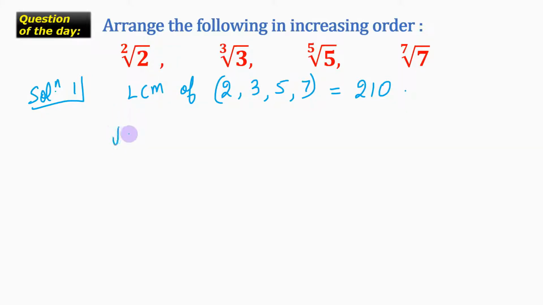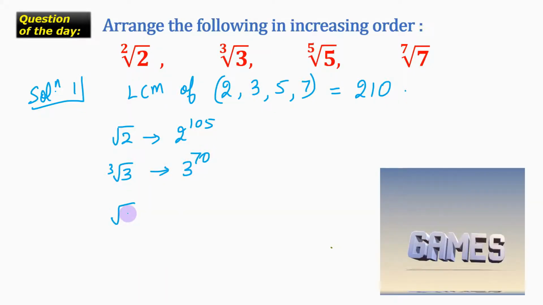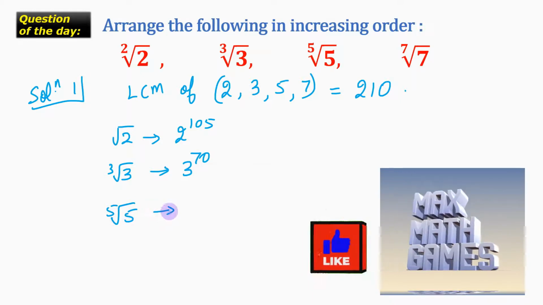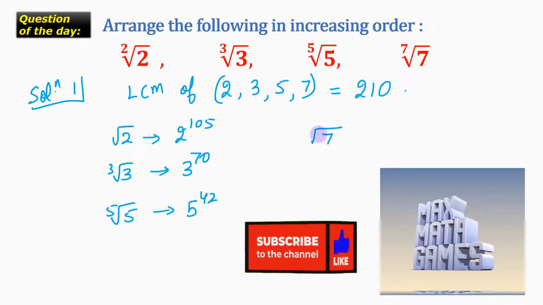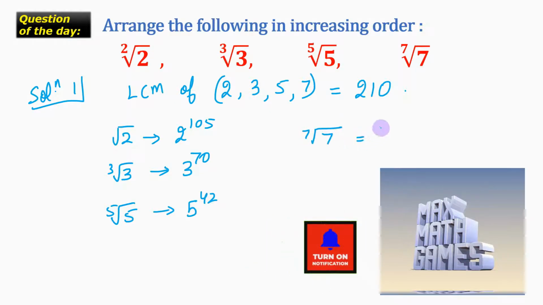So square root of 2 becomes 2 to the power 105. Cube root of 3 becomes 3 to the power 70. Fifth root of 5 becomes 5 to the power 42. And seventh root of 7 becomes 7 to the power 30.